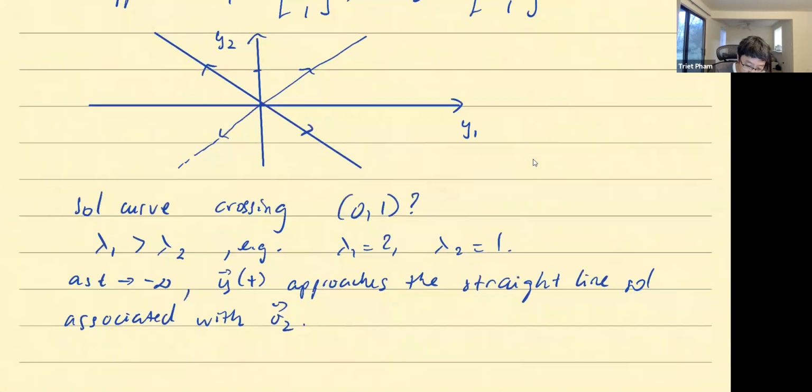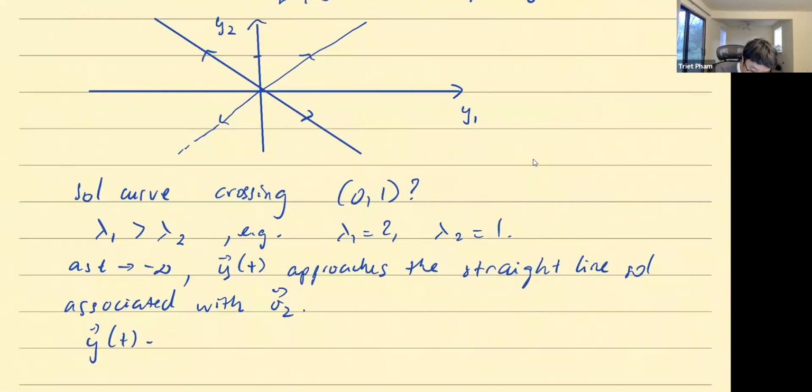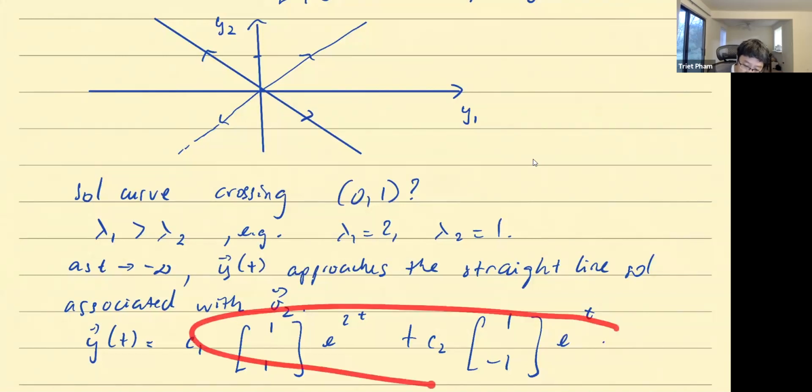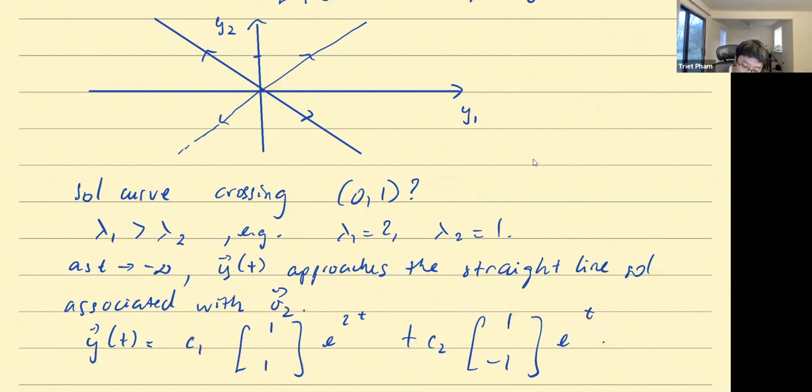Now again, this has to do with this assumption. Let me write down for you that y(t) is C1 (1, 1) e^(2t) plus C2 (1, -1) e^t under this example. But now if you push t to minus infinity, first of all, both of them go to 0. So it starts at 0. But this term is dominating, in other words, this term is much smaller than that one because of the e^(2t).